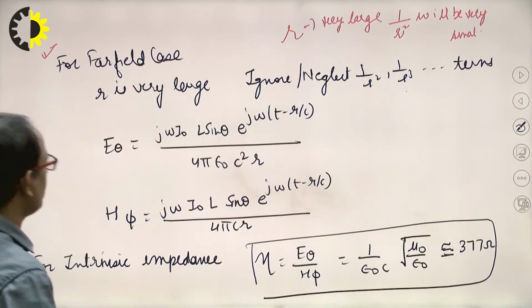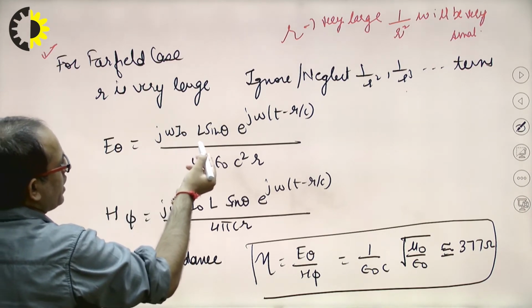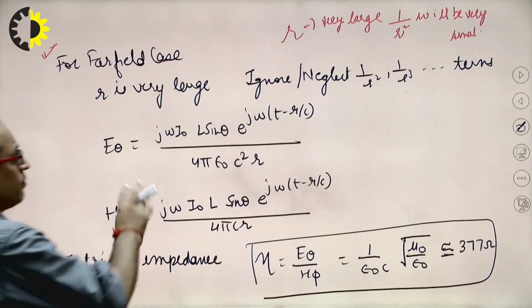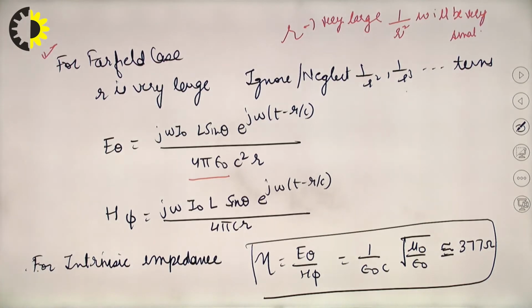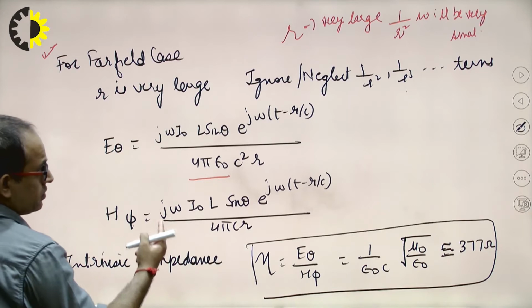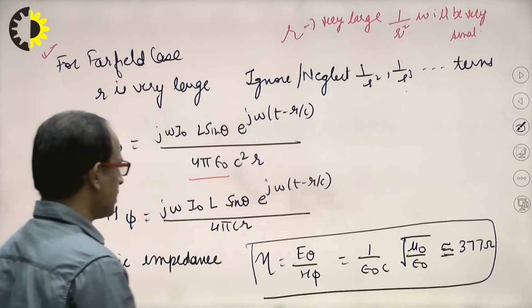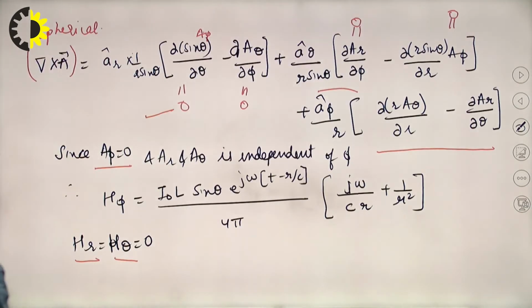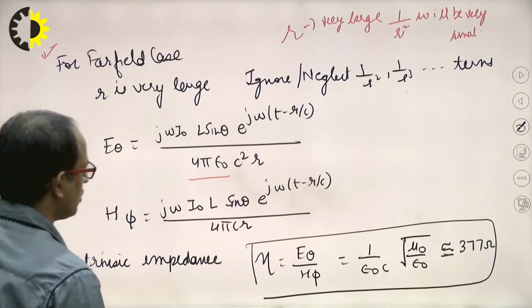So E theta will be j omega I naught L sin theta e to the power j omega (t minus r by c) divided by 4 pi epsilon naught c square r, and therefore H phi will be j omega I naught L sin theta e to the power j omega (t minus r by c) divided by 4 pi c r. Just ignore the 1 by r square term and you will get H phi.